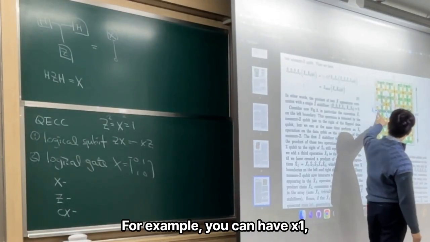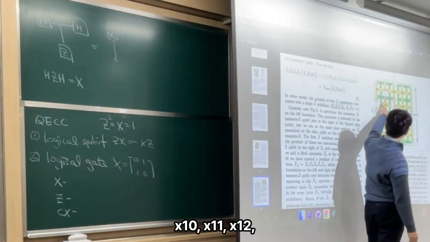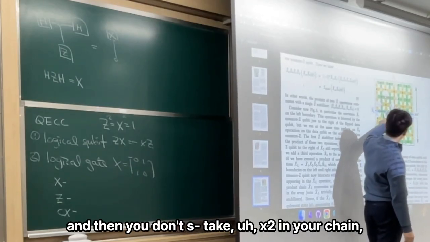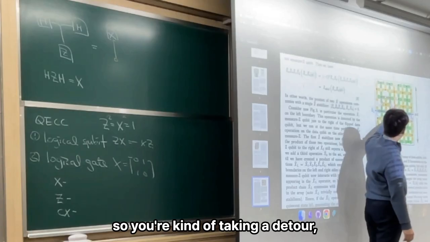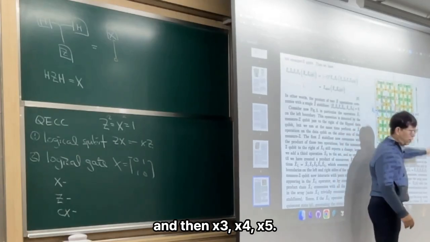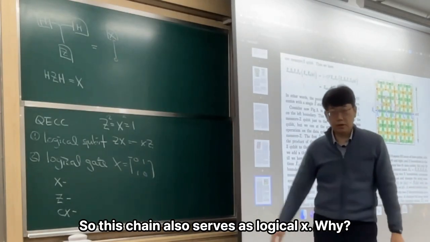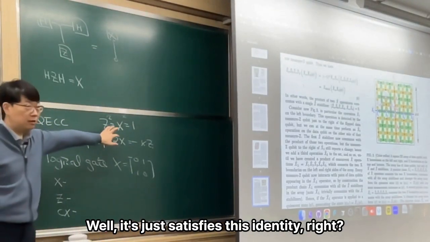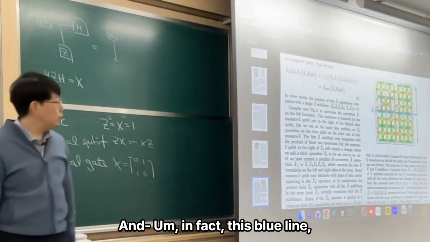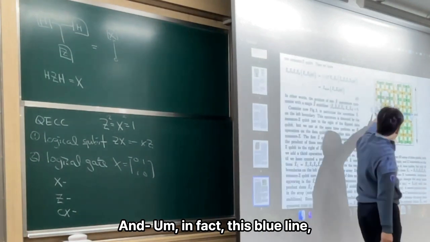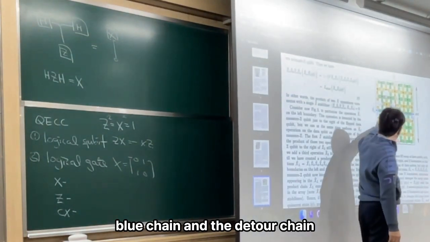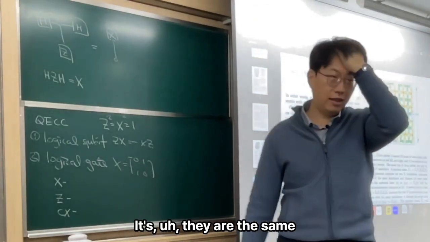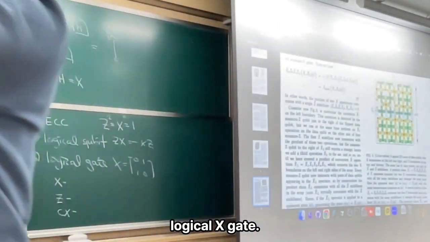For example, you can have X1, X10, X11, X12, and then you don't take X2 in your chain, you skip it, so you're taking a detour, and then X3, X4, X5. So this chain also serves as logical X. Why? Well, it satisfies this identity, right? And in fact, this blue chain and the detour chain are the same logical X gate.